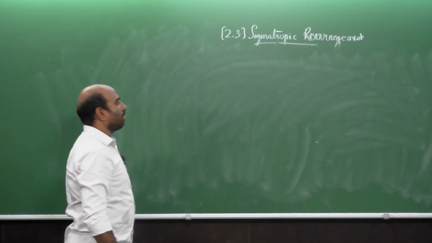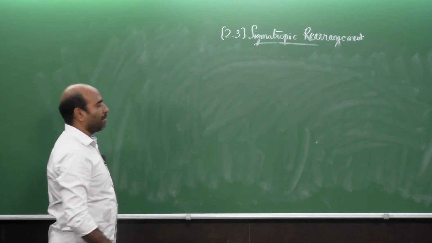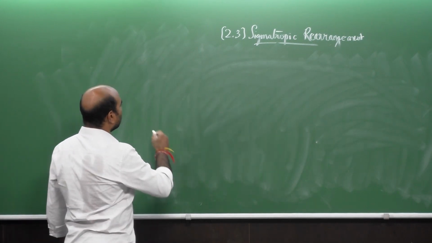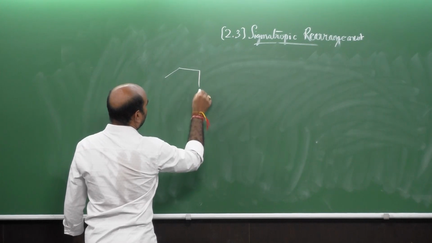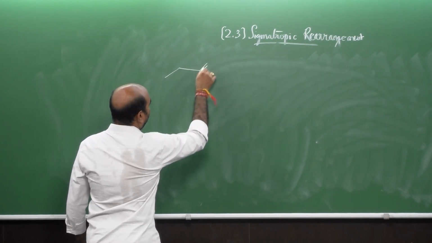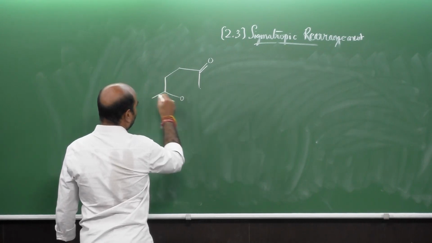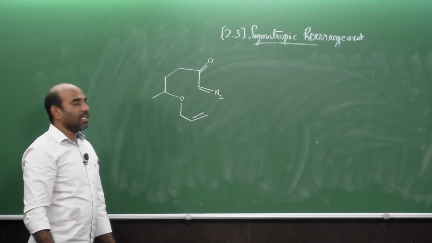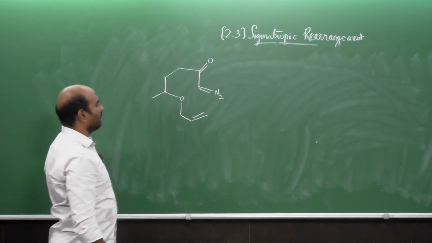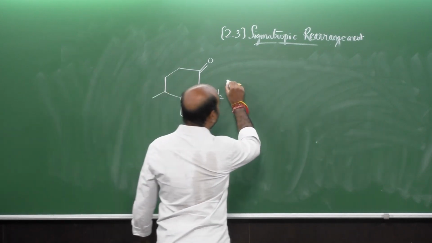One good example which was previously asked in a competitive exam can also be discussed here. Double bond O, and so this is one of the examples previously asked in a competitive exam.